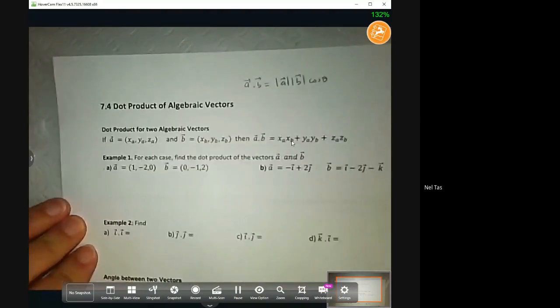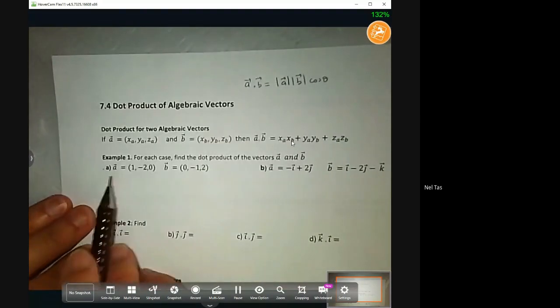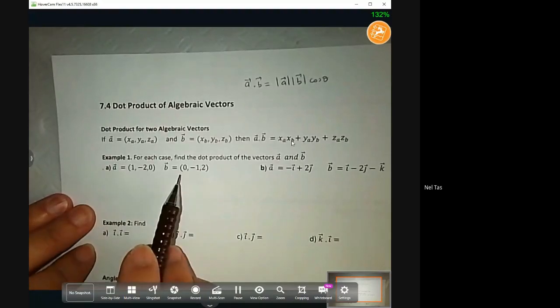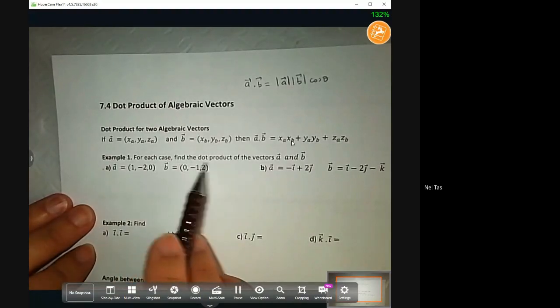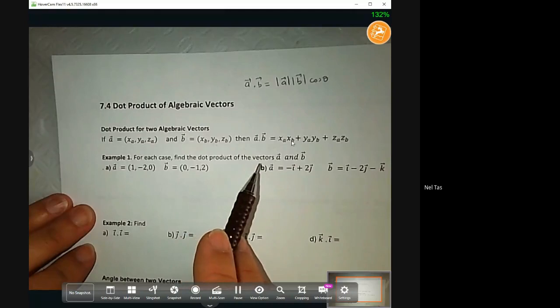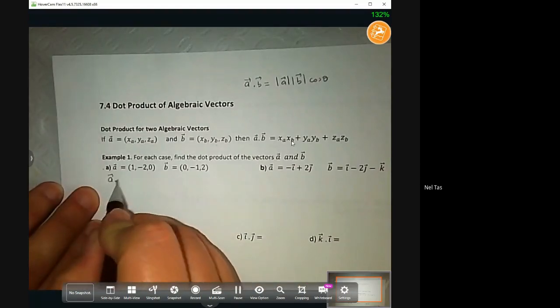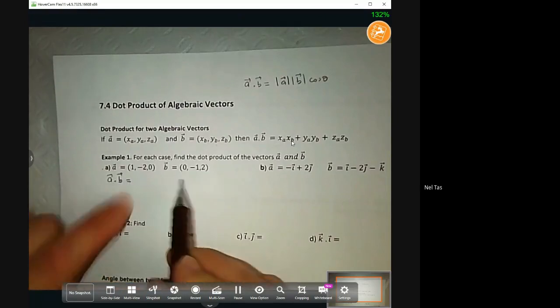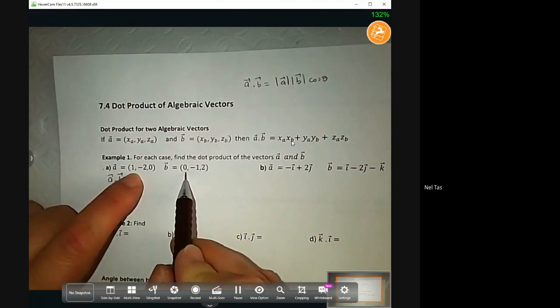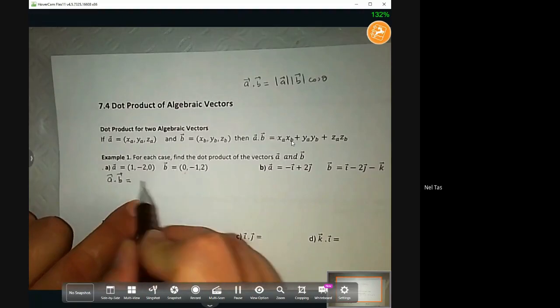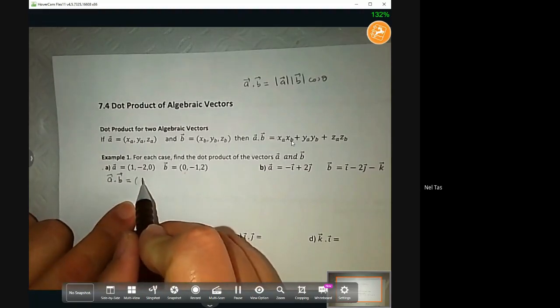So let's look at some examples. We have vector A and vector B. For each case, find the dot product of the vectors A and B. So A dot B. We multiply the x coordinates. Maybe I'll write it for the first one.